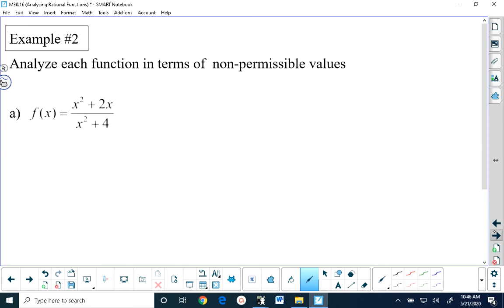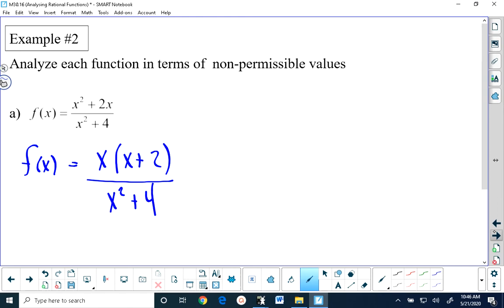So analyze each function in terms of non-permissible values. In order to analyze these functions, you need to factor everything completely. So we have x times (x plus 2) in the numerator, and the denominator is non-factorable. So when we talk about non-permissible values, we are always looking at the denominator.